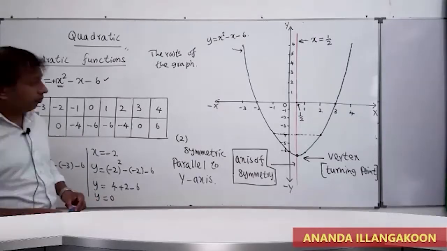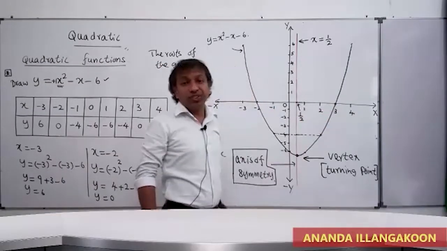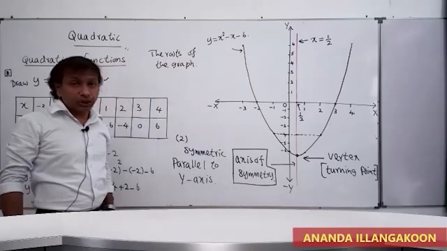Right. Therefore, people, the two roots here are -2 and 3. The two roots of this graph are -2 and 3.